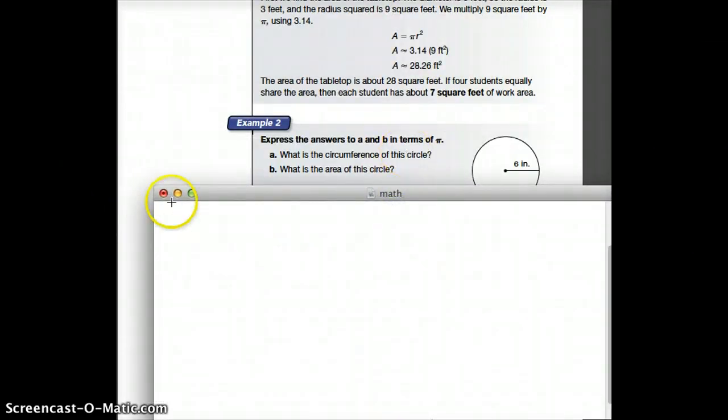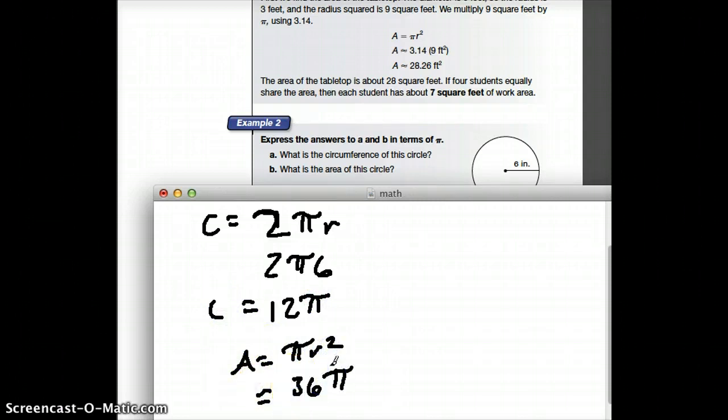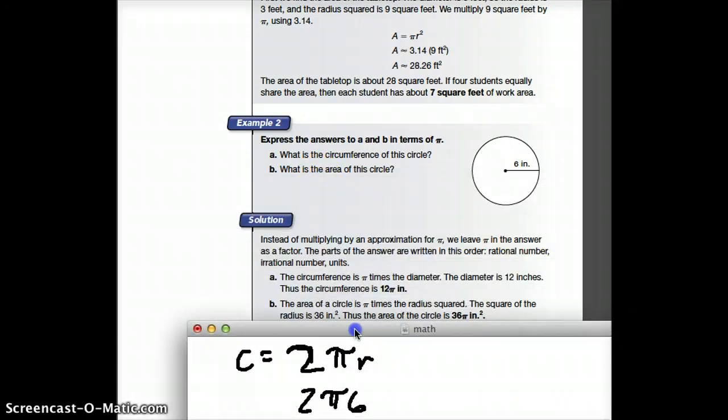Circumference is 2 times pi times r. The r is 6, so you would have 2 times pi times 6, which is 12 pi. And the area is pi r squared, which is 36 times pi. Notice that the area is going to be a lot more.